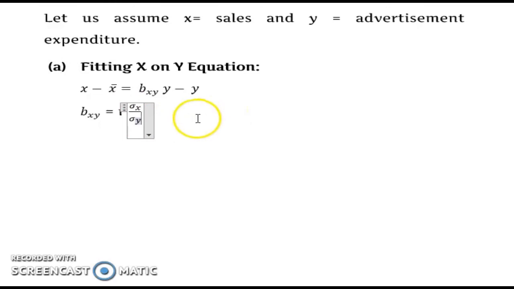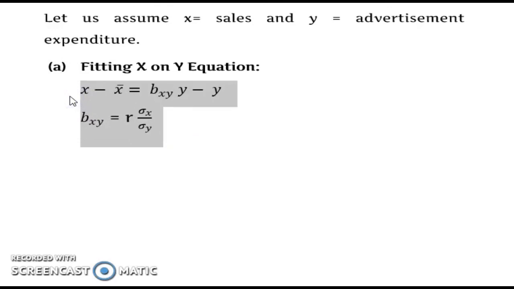So this is the equation which we will be using to find b of xy and b of yx.